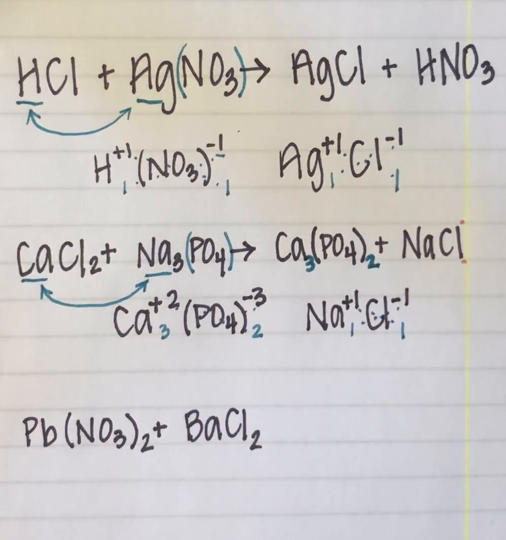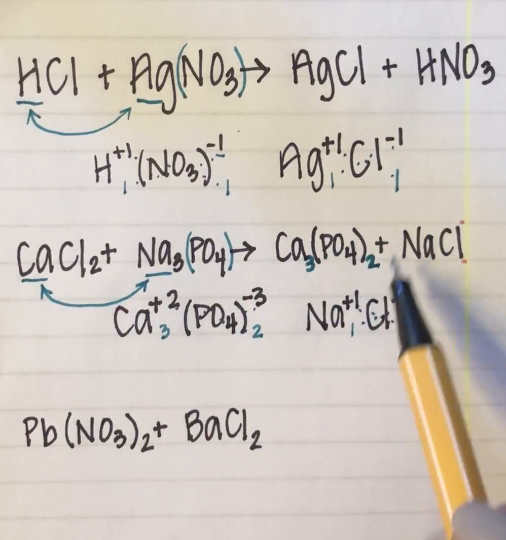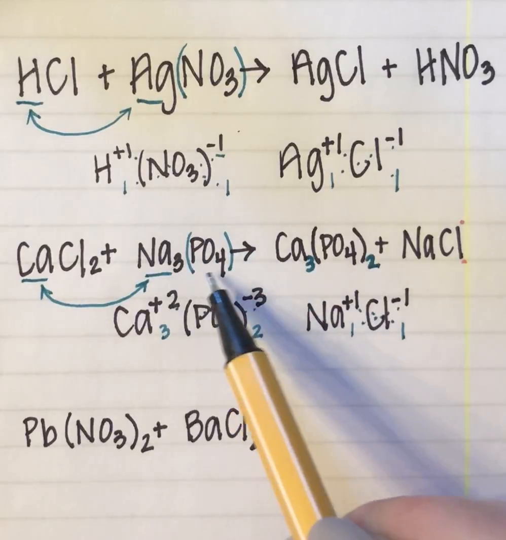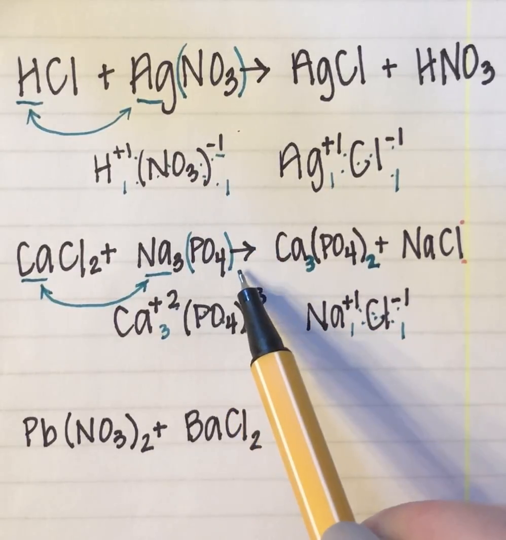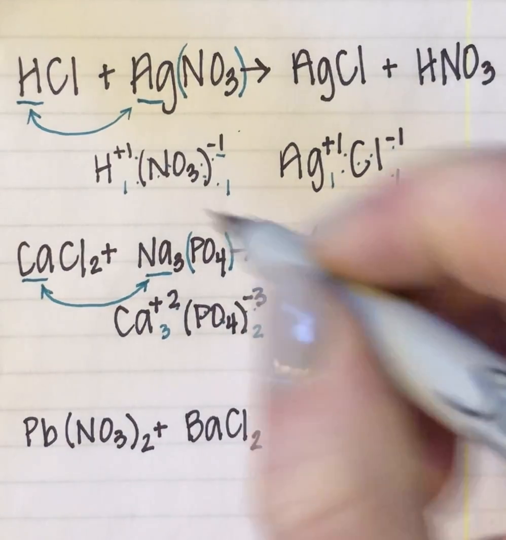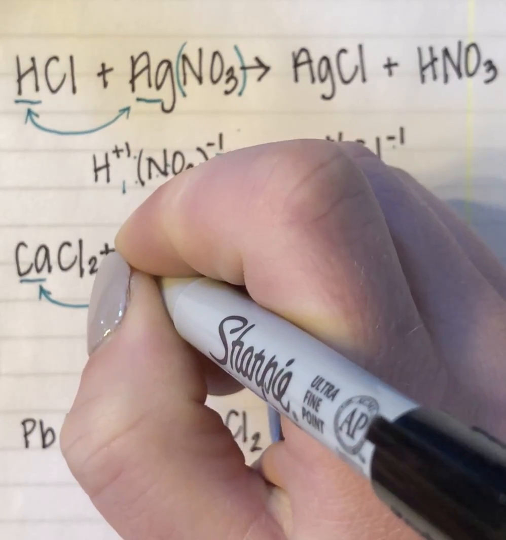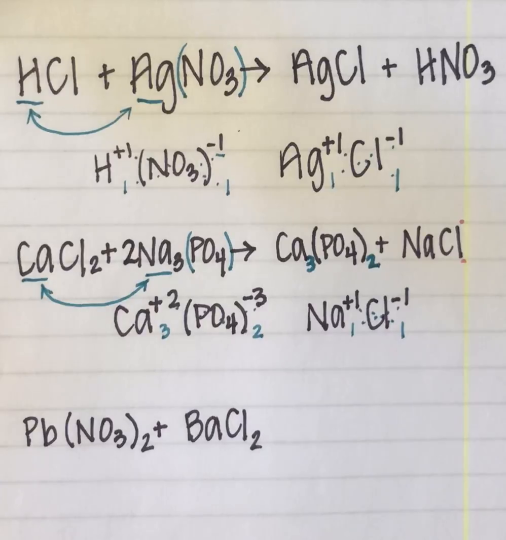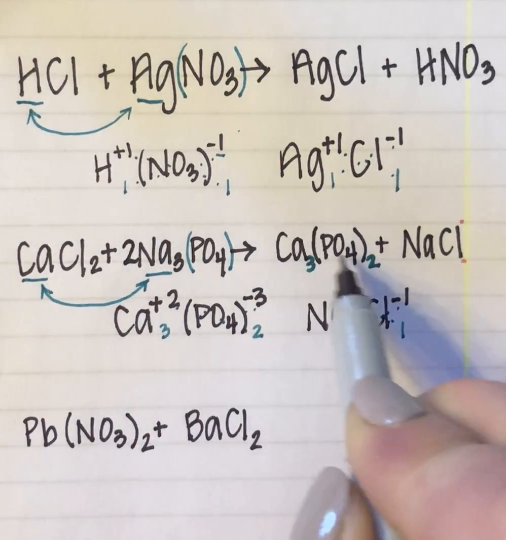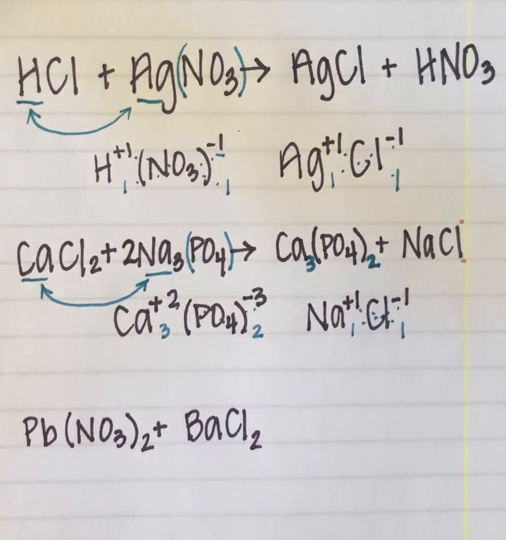Now, if we go back, the one thing that we might notice is that phosphate here has a 2. Phosphate on the reactant side does not. So that means that we need to do some balancing. So if we put a 2 out front, now we have our 2 phosphate on the reactant side and our 2 phosphate on the product side.